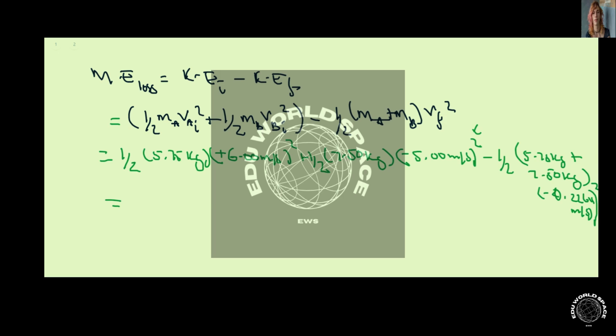If you plug in the numbers, remember the energy dissipated is going to be in joules. The initial energy is 197.25 joules, and you subtract the common energy between the two of them, which is roughly 0.3395 joules.